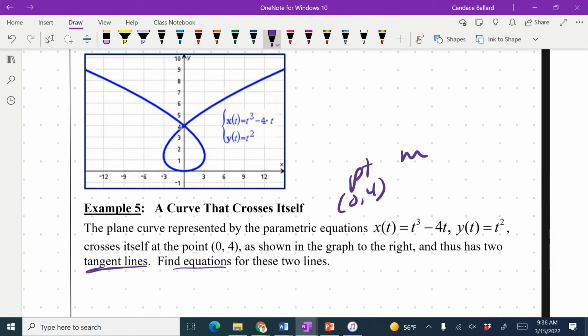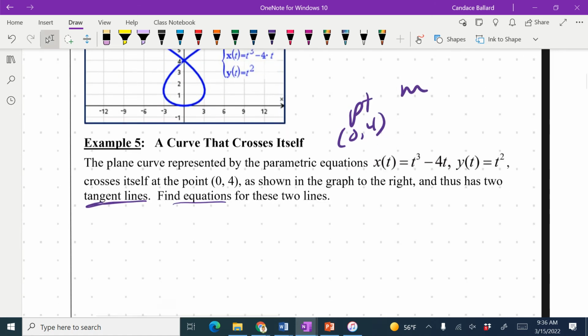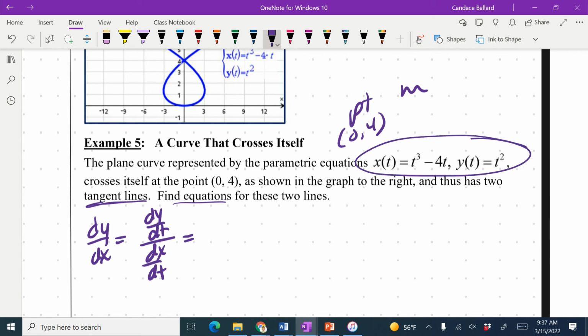Derivative. Okay, so let's take the derivative of this thing. Our derivative, remember, is dy/dx, which equals dy/dt over dx/dt. Before I do it with you, try it on your own. Your x and your y are there, so find your derivative.